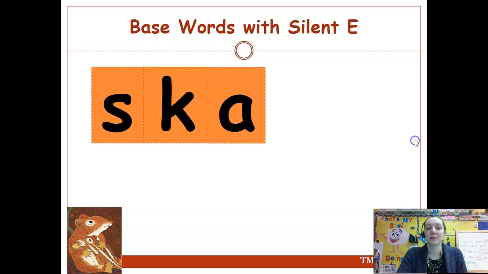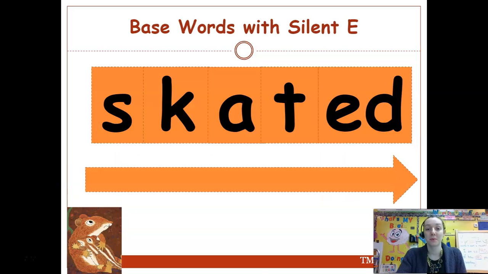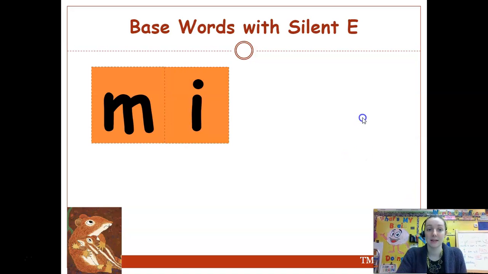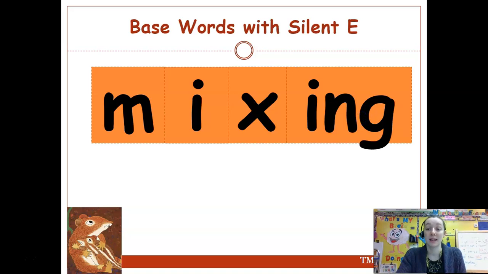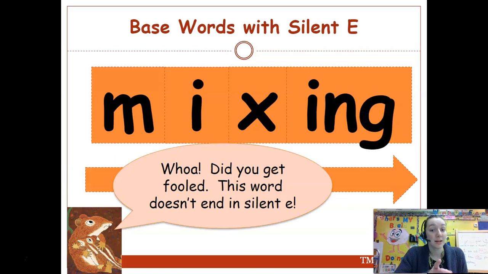All right, so you have sk, ate, ed, skated. Because we have that silent E that made that a long vowel, we dropped that E to add that ed, skated. We have mixing. Now notice this one did not have a silent E, so we didn't have to drop anything.